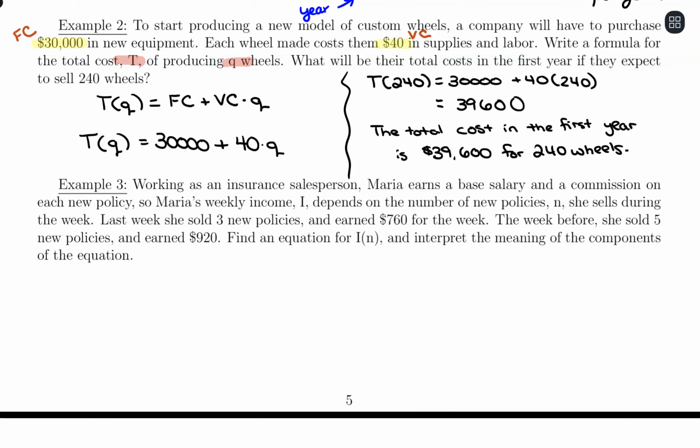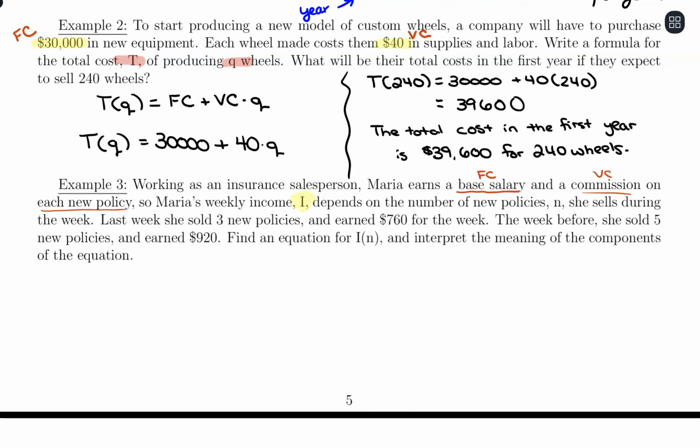So working as an insurance salesman, Maria earns a base salary and a commission on each new policy. So base salary is going to be the idea of a fixed cost for the company, and then commission, so on each new policy, that commission is a variable cost. So Maria's weekly income, the variable I, depends on the number of new policies, N, that she sells during the week.